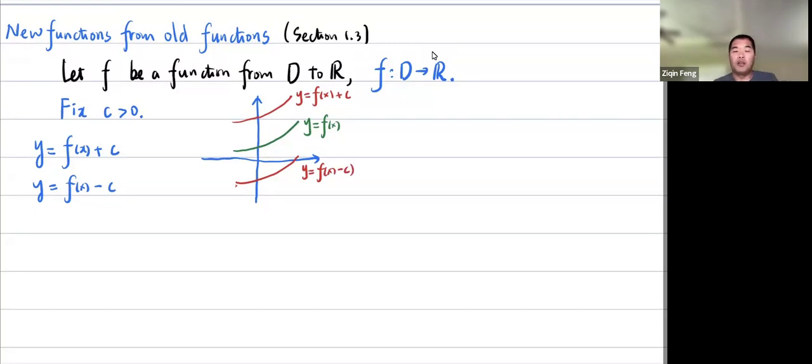Whenever you get an x value and put it in the new function, the function value is the original one minus c. This is called vertical shifting. You shift up or down.